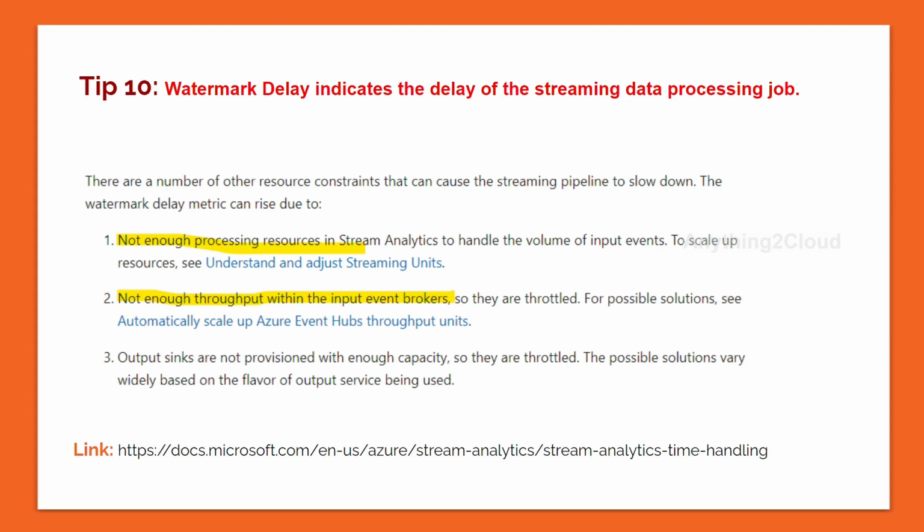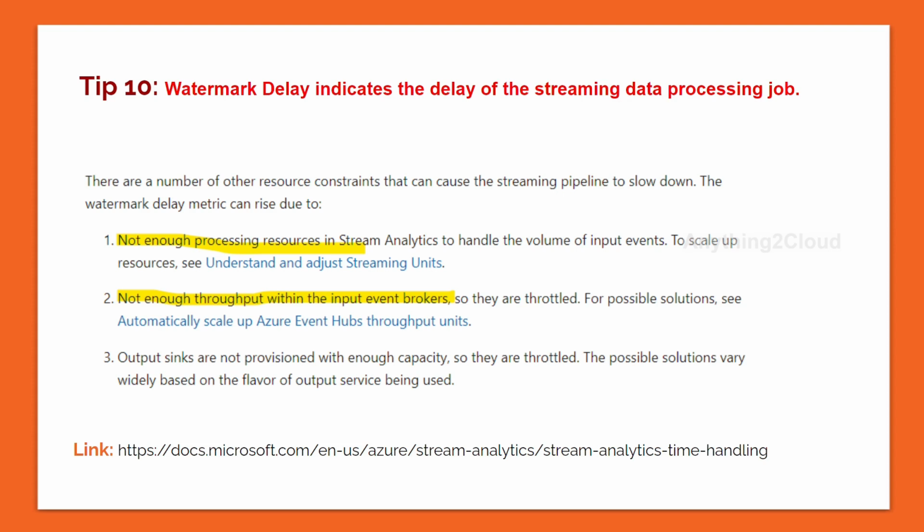The next step is on watermark delay. This watermark delay indicates the delay of the streaming data processing job. There are a number of other resource constraints that can cause the streaming pipeline to slow down. The watermark delay metrics can rise due to, the first one, not enough processing resources in Stream Analytics to handle the volume of input events.